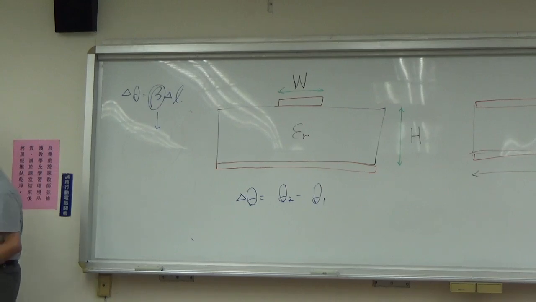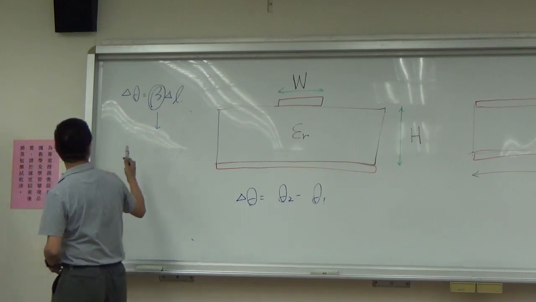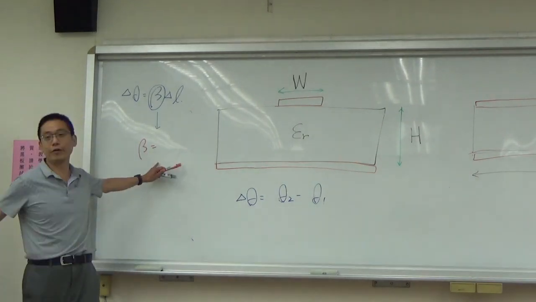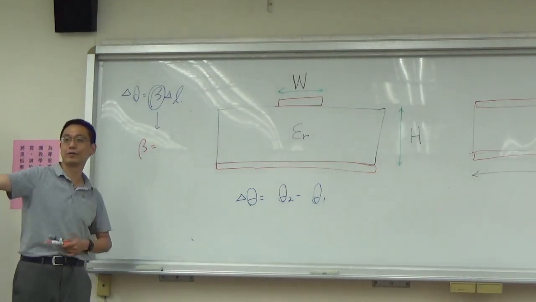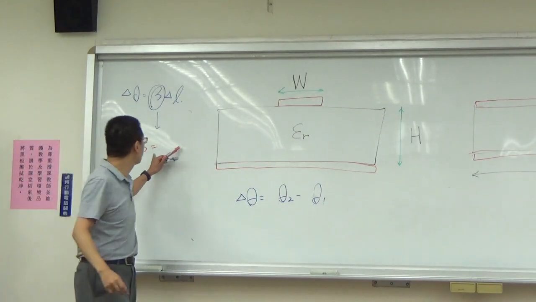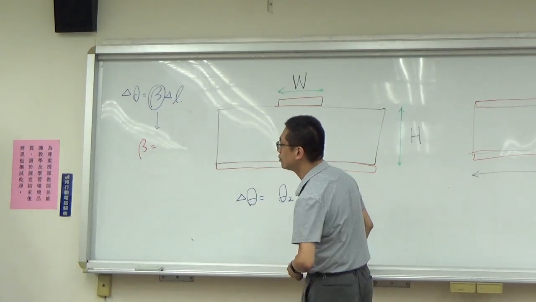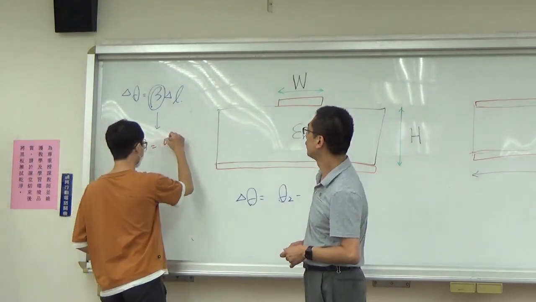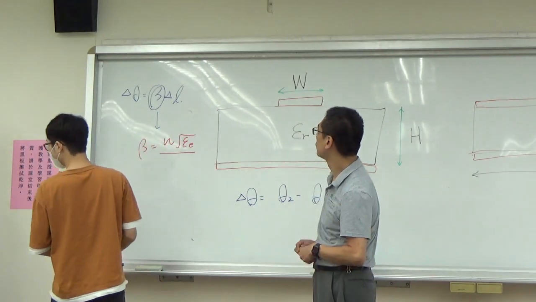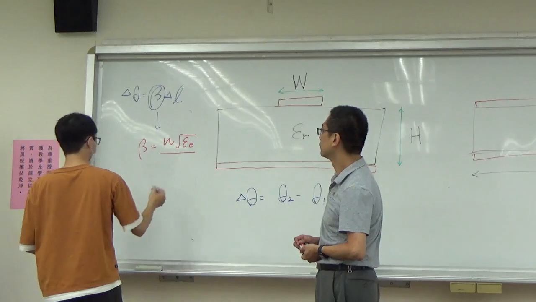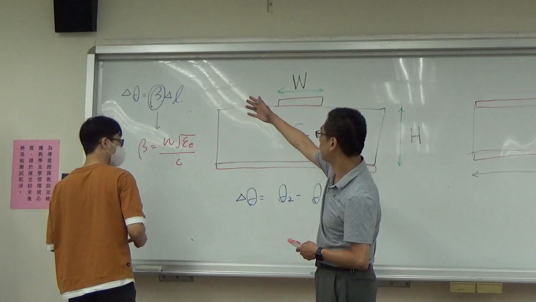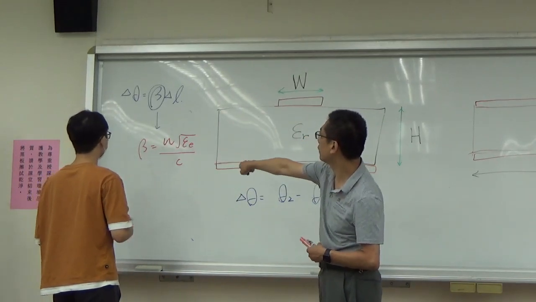From this equation, what can we do? What can we have? Beta equals to, who else? Help me. I already wrote it down. Okay, come here. Help me write down beta equals to from that equation. Can you put beta inside and write down the answer here?